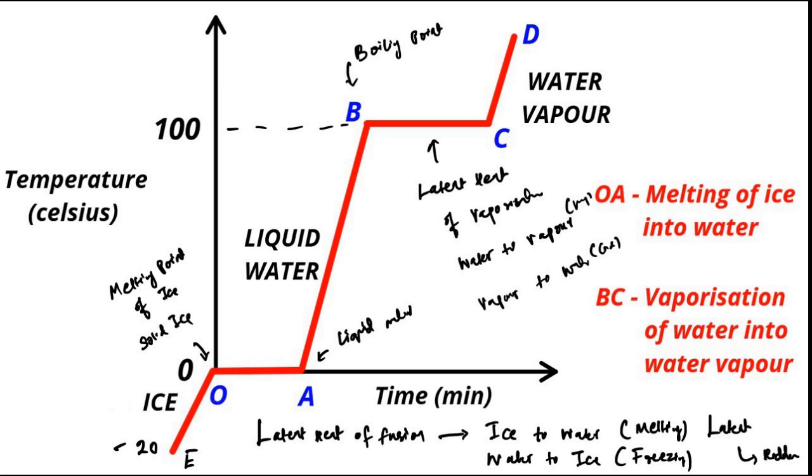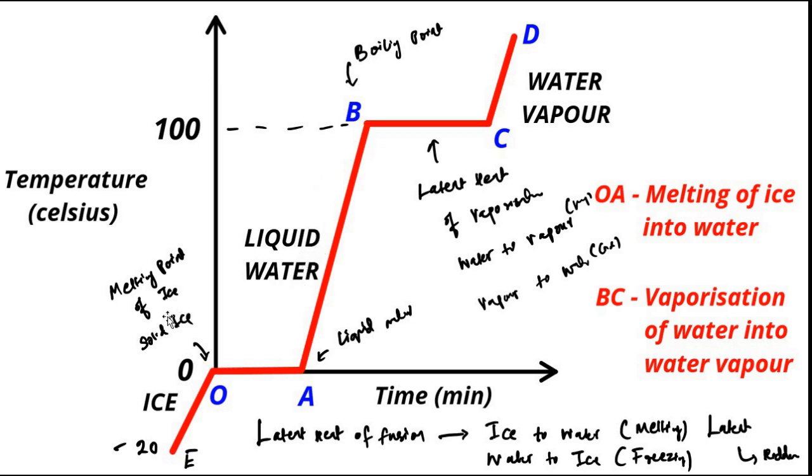So this is the basic concept of change of state from one state into another. Here we studied change of state from ice to liquid water, taking into consideration the latent heat of fusion. And again I repeat, this is applicable both ways, that is from ice to water through heating and water to ice through cooling. If we reverse this process, OAB, BAO, it will take the same path.